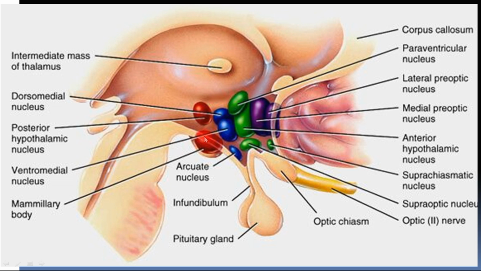There are two nuclei. One is the mammillary body, and second is the posterior hypothalamic nucleus. So it is very nicely depicted in this diagram with the help of different colors, what are the different nuclei of different regions of the hypothalamus.